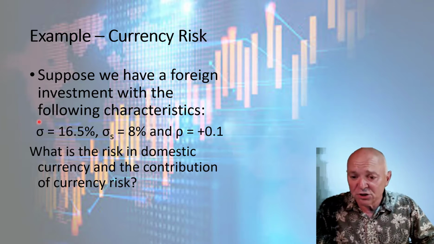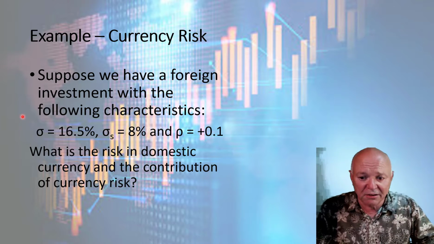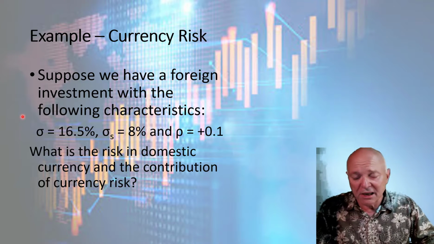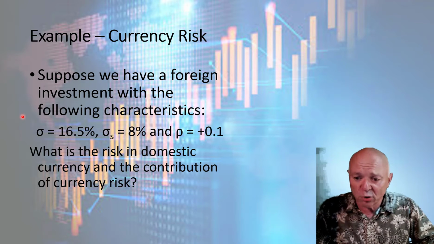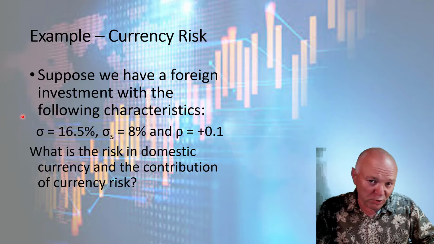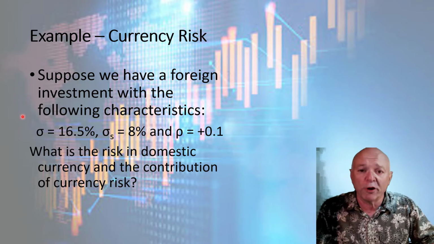The standard deviation of the currency, the volatility, the uncertainty that comes from the currency, is 8%. And in this case, we have a correlation coefficient between the portfolio and the currency of only 0.1.